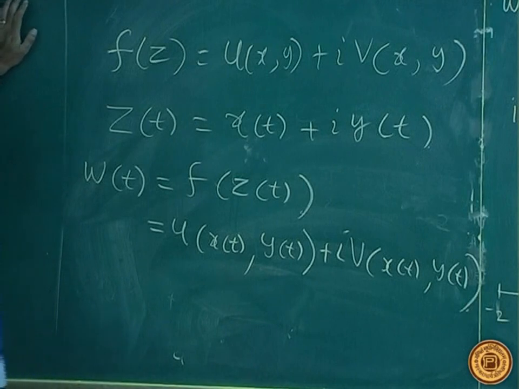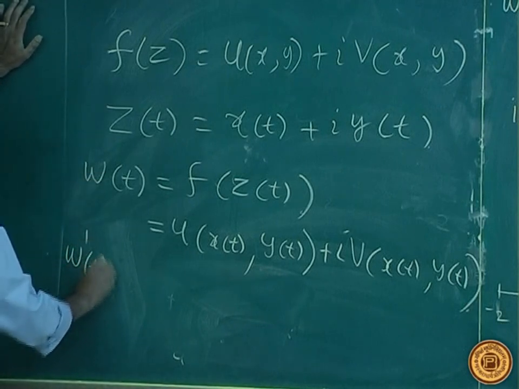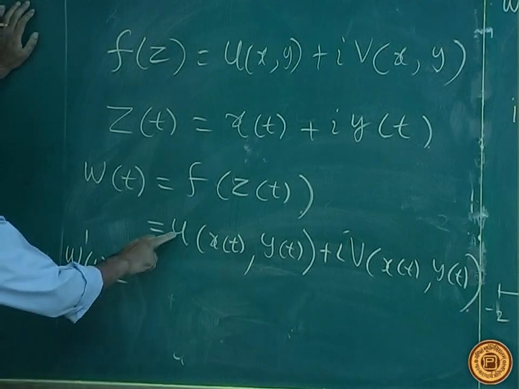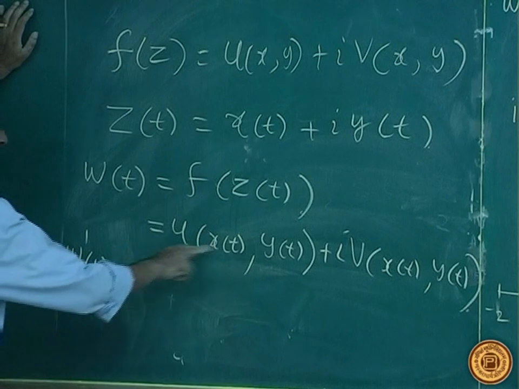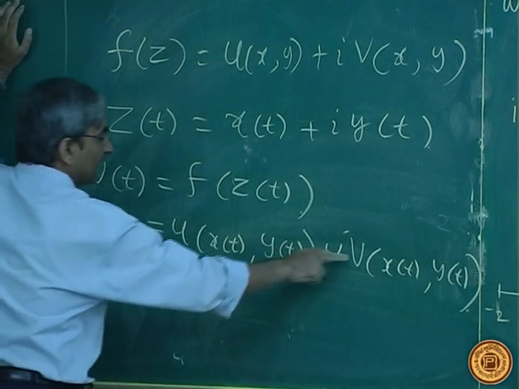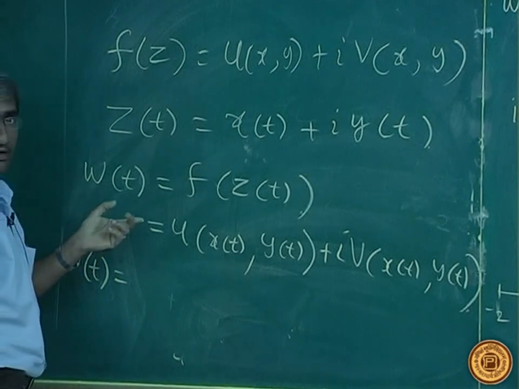Now what is w prime t? How to find the derivative of this? It is u prime of this plus i times v prime. But u is a function of x, and x is a function of t.